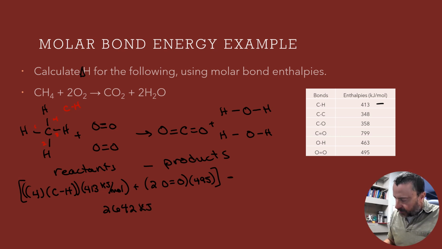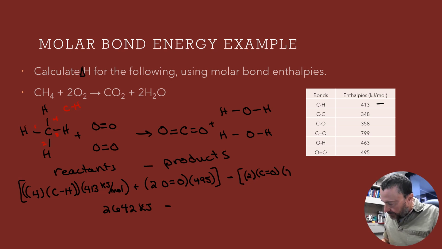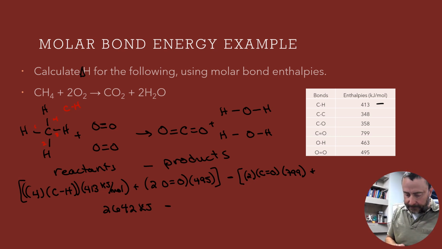We're going to subtract off our products. So we have 2 carbon double bonded to oxygen bonds there, times 799 kilojoules per mole. And then we're going to add to that. Again, there are 1, 2, 3, 4 hydrogen to oxygen single bonds.